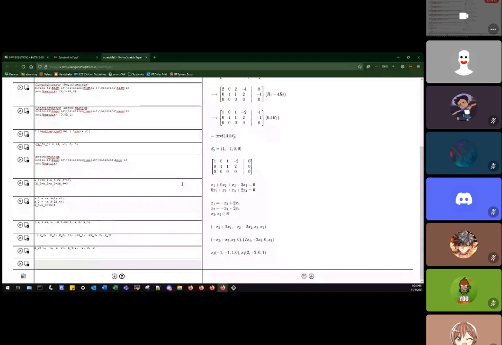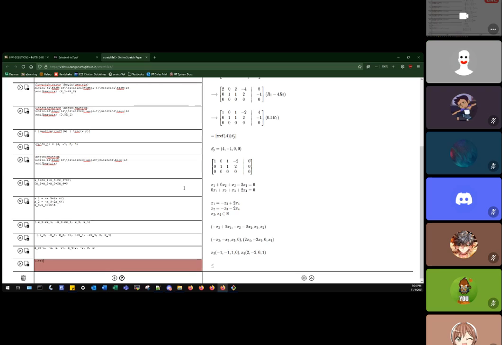The way they want you to write your answer, I'm pretty sure, is as a set, in the form: first your particular solution, 4, -1, 0, 0, plus your special solutions, -1, -1, 1, 0, plus 2, -2, 0, 1.